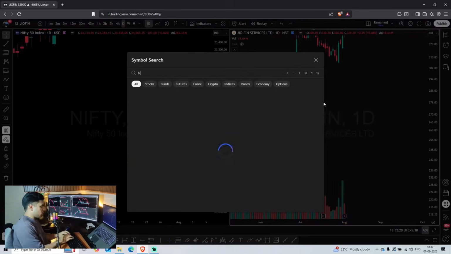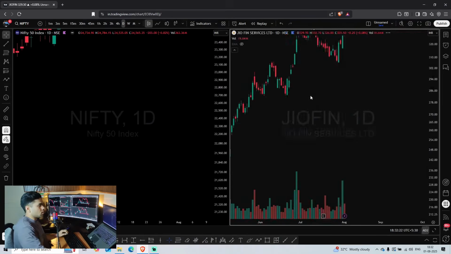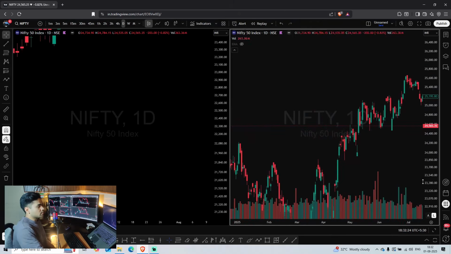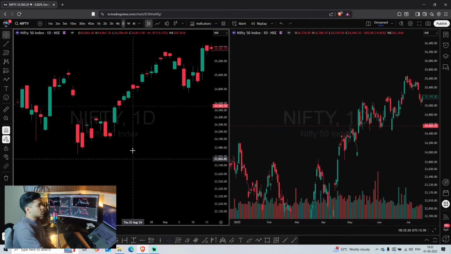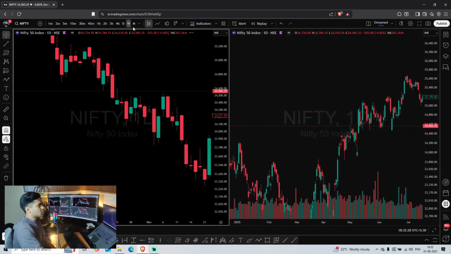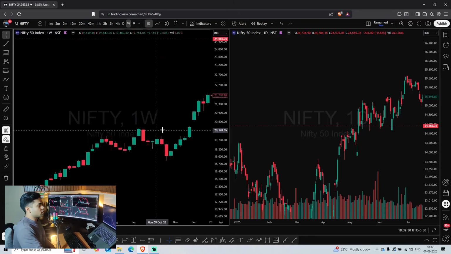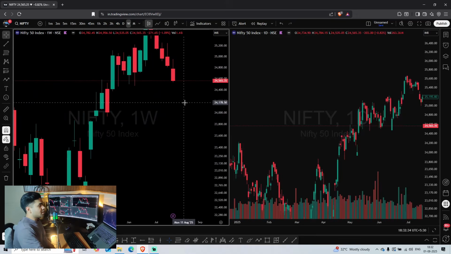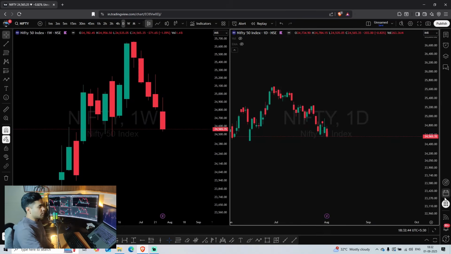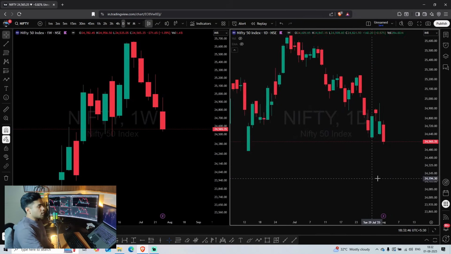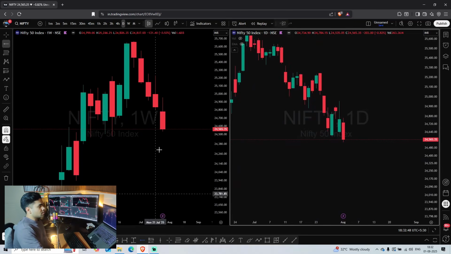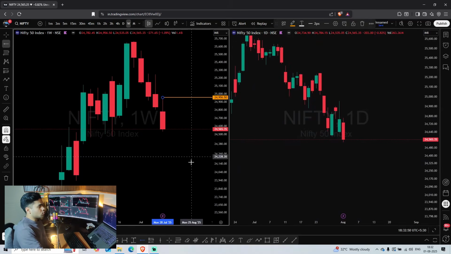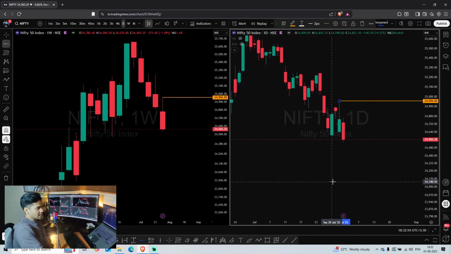Okay, so let me open two Nifty charts here. One is representing the weekly time frame chart, and one is representing the daily time frame chart. Okay, so that's the area I'm going to mark as 24954, exactly.